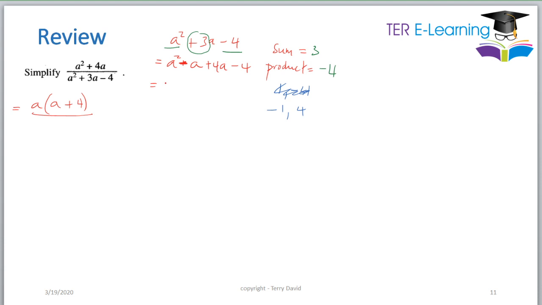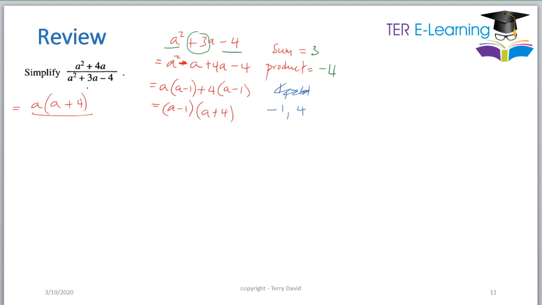If we look at the first two terms, we can factor out a, and this will be a minus 1. Don't worry about the sign as yet. We have 4 common here, so it's going to be 4 multiplied by a minus 1. So therefore this has to be plus. When I factorize this, I'm going to get a minus 1 multiplied by a plus 4.